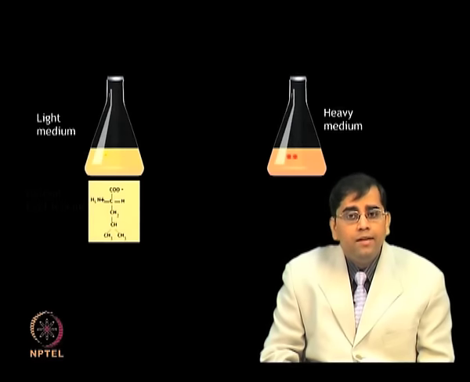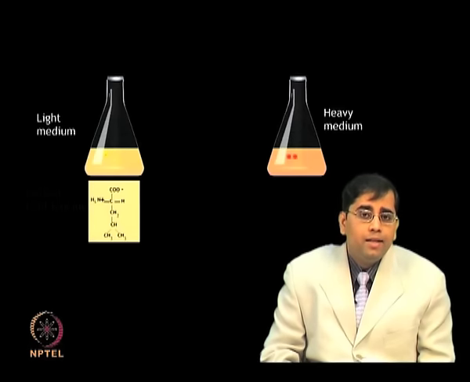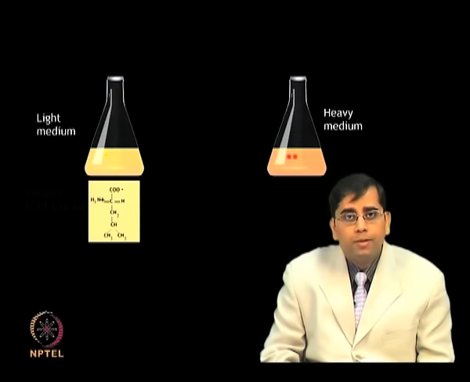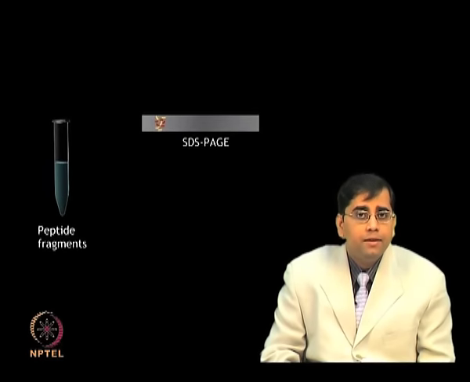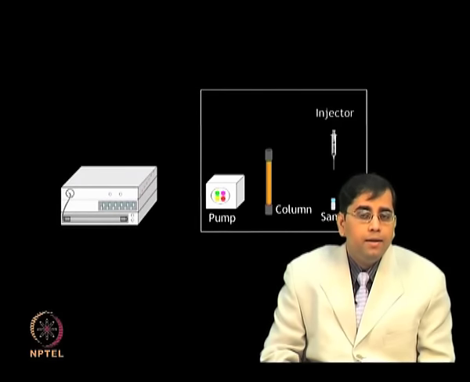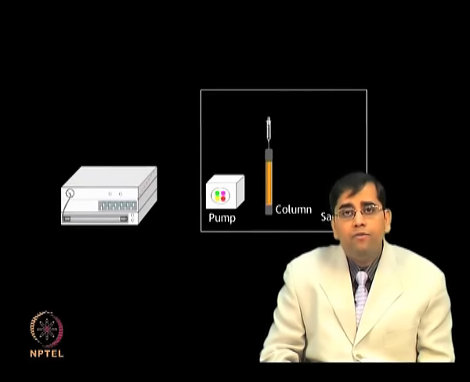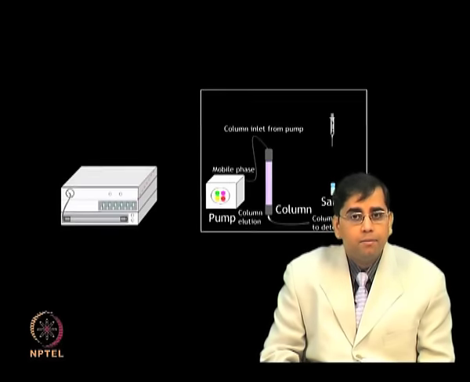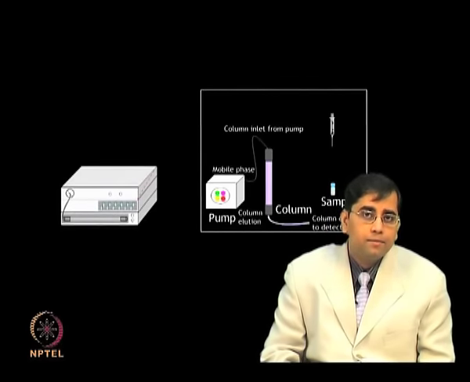After a number of cell divisions, the grown cells are combined and digested using trypsin. The complex protein mixture is further separated by SDS PAGE to simplify the analysis. Further separation is carried out by liquid chromatography and purified peptide fragments are analyzed by MS/MS.